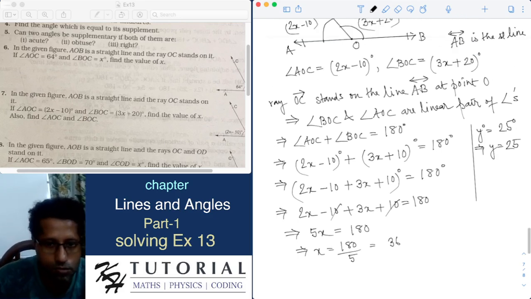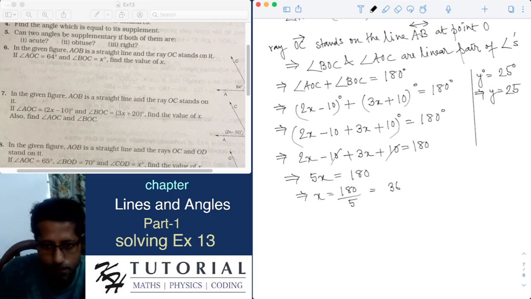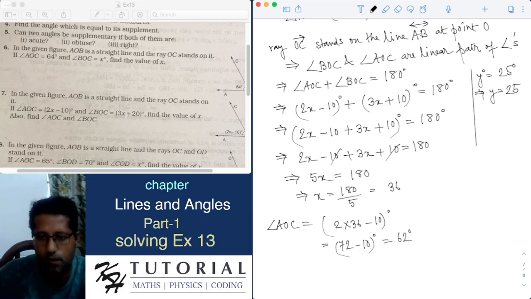Now it has also asked to find angle AOC. So angle AOC will be equal to 2x, x is 36, so 72 minus 10 degree. This is 62 degree.